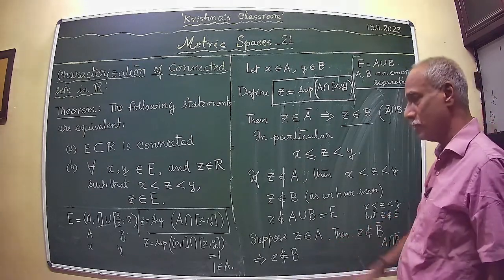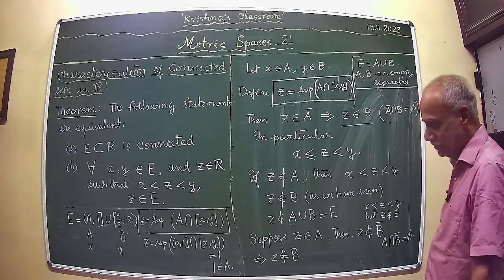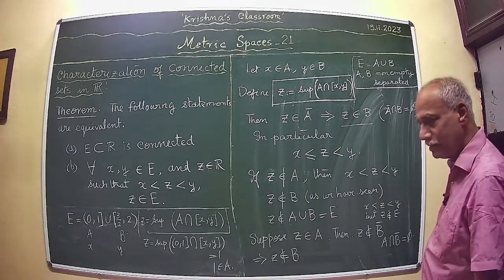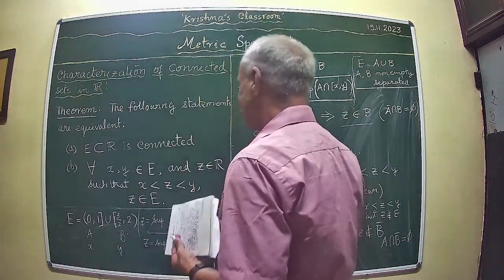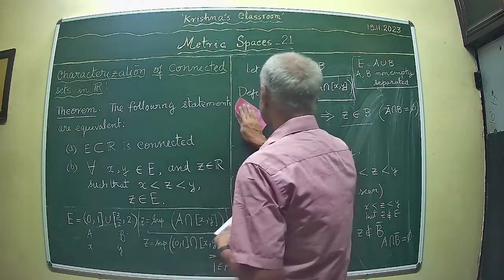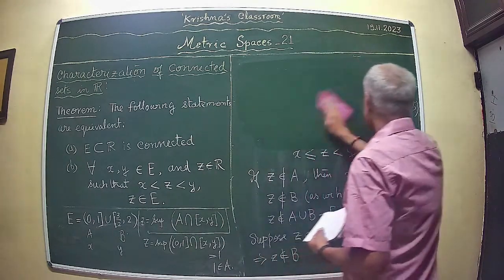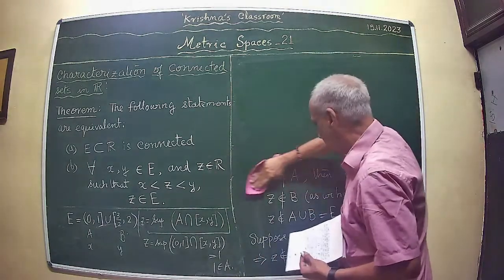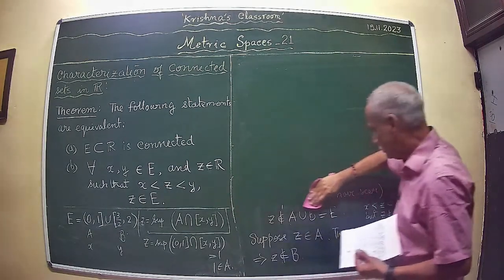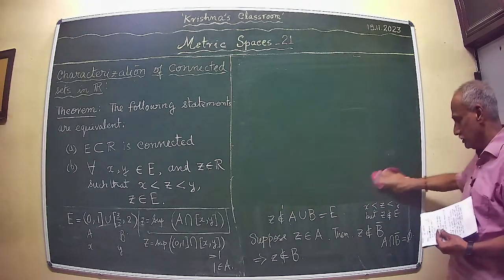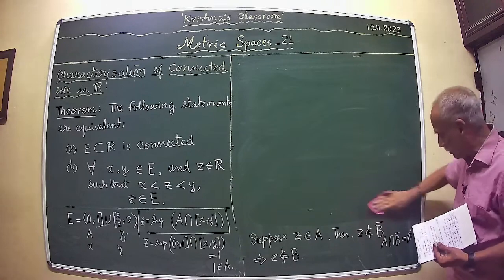But Z does not belong to B. What we are searching for is a Z which is neither in A nor in B. Okay, so let us work on that. How to get hold of such an element? This is the argument that we have.